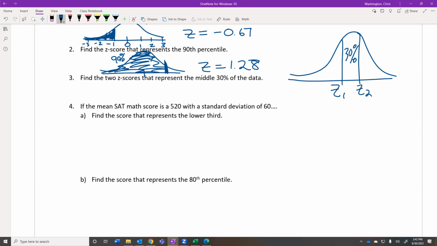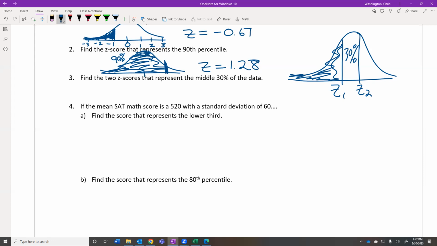But the percentage I put inside the parentheses has to be the percent to the left of the Z-score that we're looking for. So if I'm looking for this first Z-score, what is this percentage to the left? It's not 30% because 30% is in the middle. How can we figure this out? What do all the percentages have to add up to? 100.